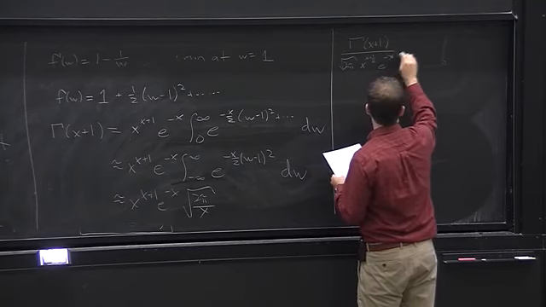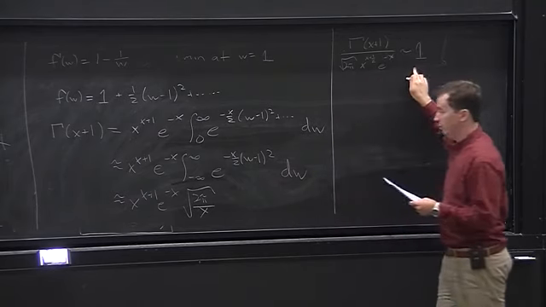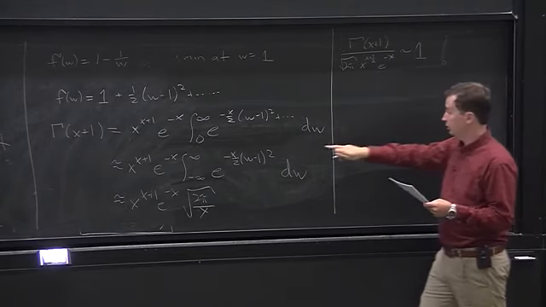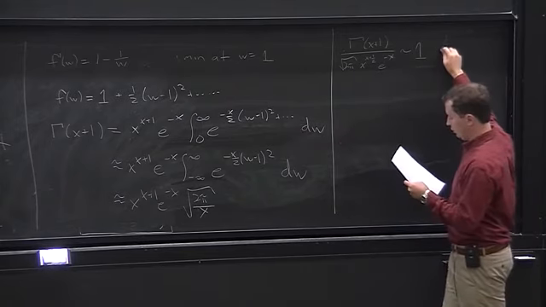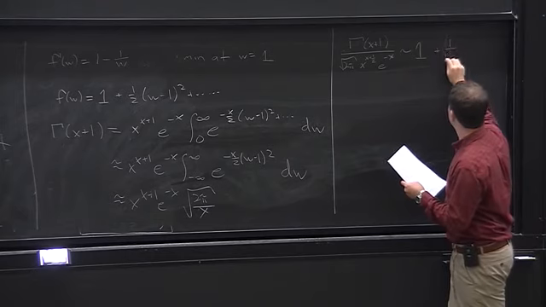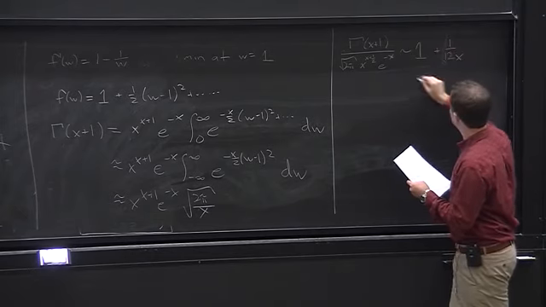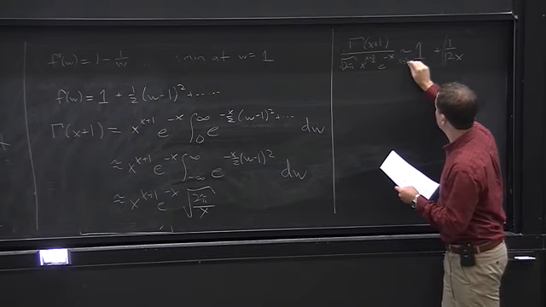So that's asymptotic to 1. So that's the first term in our asymptotic series. If we kept more terms, dot, dot, dot, we could get the next term. This is as x goes to infinity.